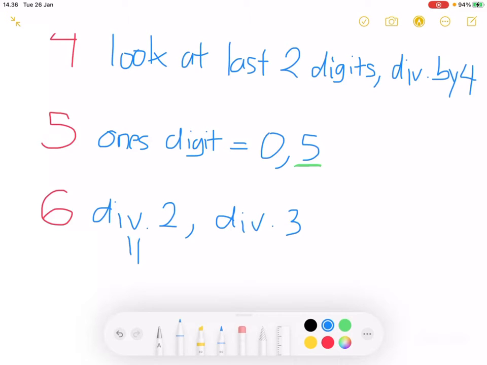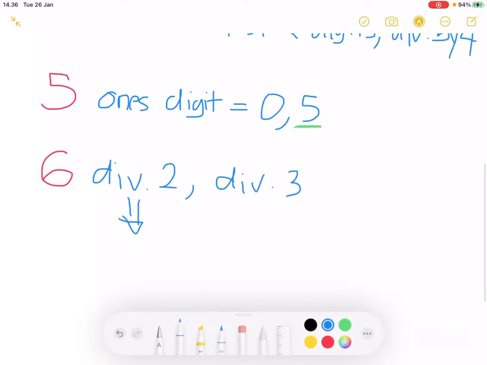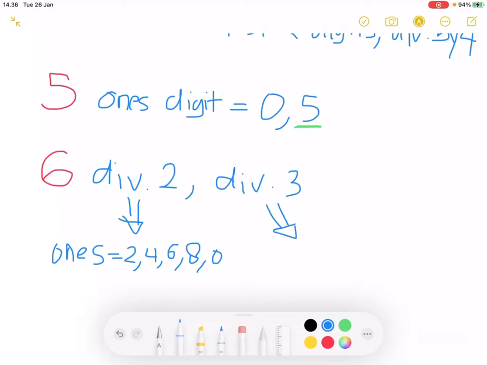So you must first see if the ones digit is either 2, 4, 6, 8, or 0, and you must also check that the sum of all the digits is divisible by 3. Let's do an example of this.